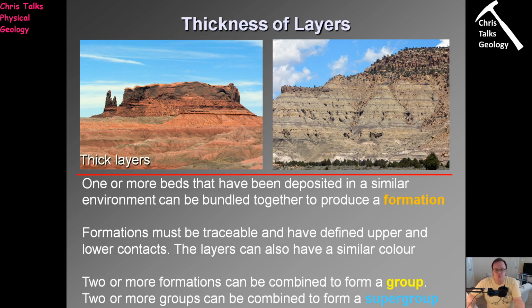So in some cases, we have quite thin layers, and in some cases we have quite thick layers. As discussed, the thinnest layers, less than 1 centimetre, are laminations. Now laminations are very often deposited in very, very low energy environments where the sediment is slowly settling onto, for instance, the bottom of a lake.